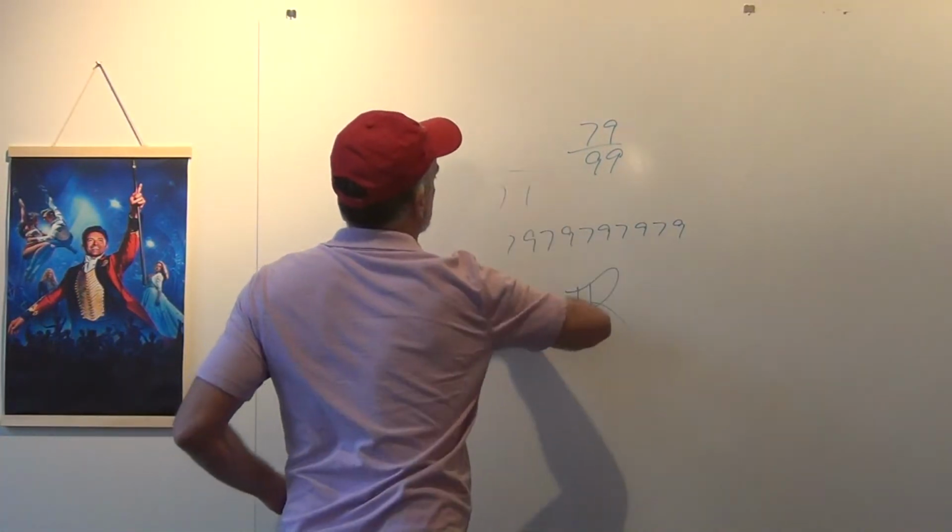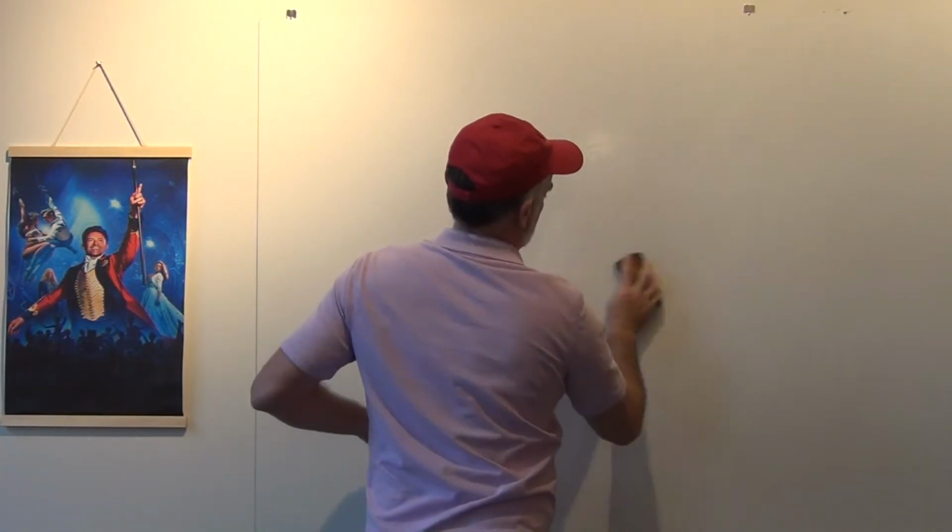So, keep in mind that irrationals do not repeat. They keep going on and on and on. Another thing about an irrational is you can never convert it into a fraction.